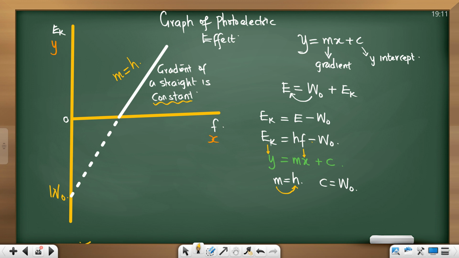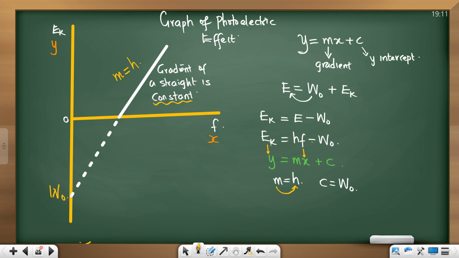So an examiner is going to give you a graph. You've got to interpret. All right, guys, examiners are going to give you multiple choice questions or structured questions, and then you see something like that.